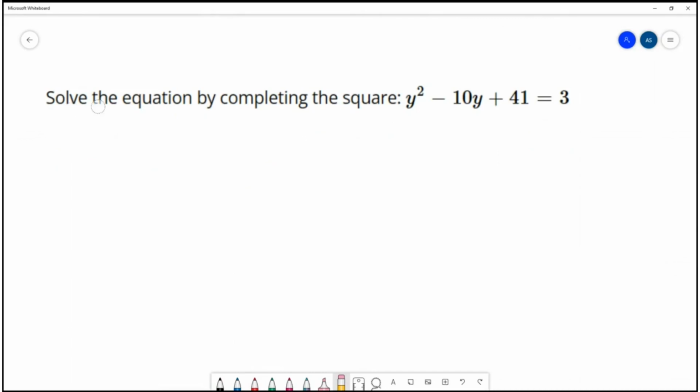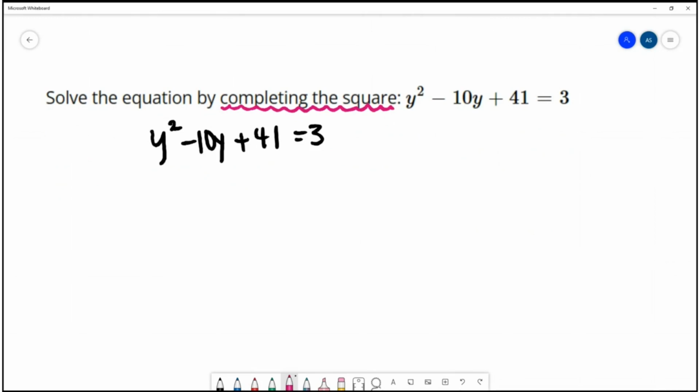For this question, we want to solve the equation by completing the square. Our equation is y squared minus 10y plus 41 equals 3. So let's first copy down our equation, y squared minus 10y plus 41 equals 3. Now, this question specifies that we want to solve using completing the square.